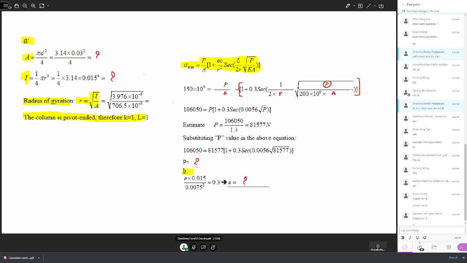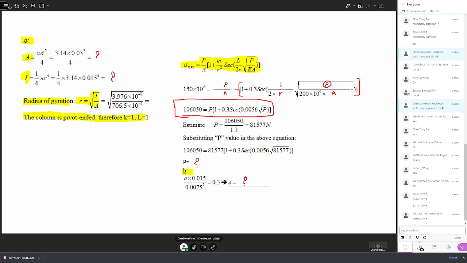So therefore, we follow the method known as trial and error. We simplify this equation, cross multiply with A, and appropriately reduce it.